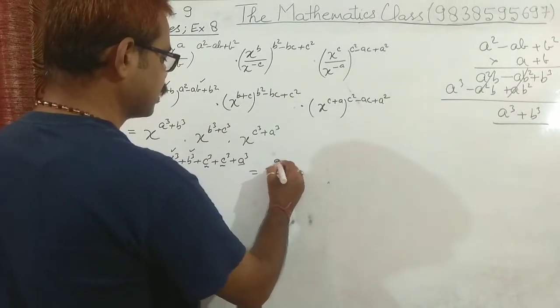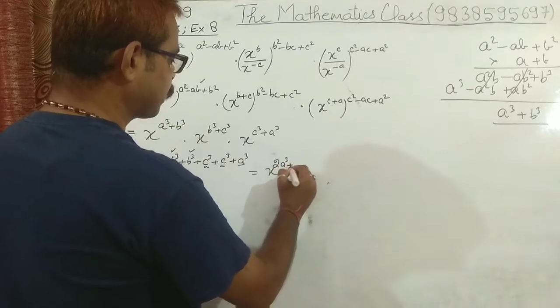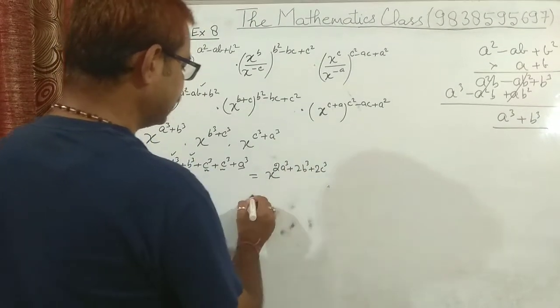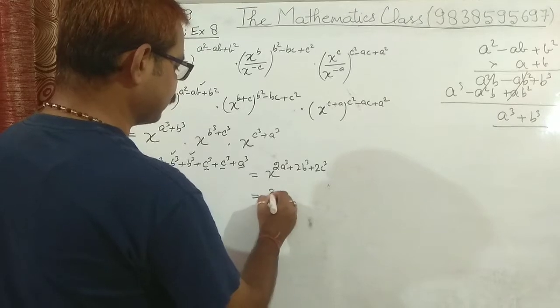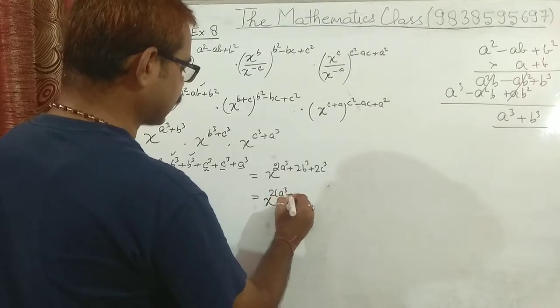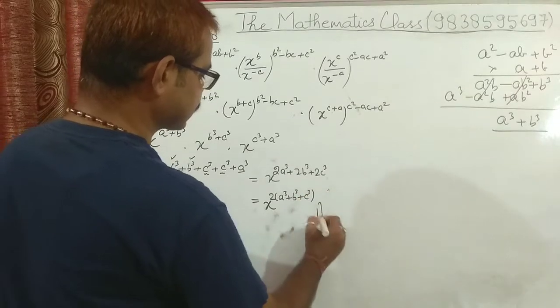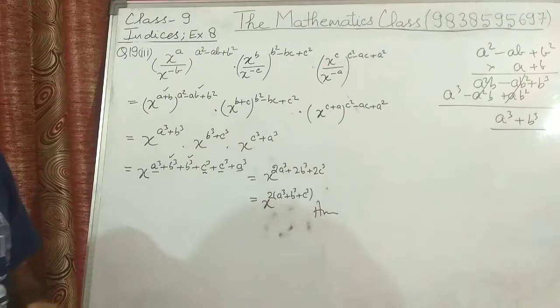So this can be written as 2a cube plus 2b cube plus 2c cube. We can take 2 common from the power. So what is the value? 2 times (a cube plus b cube plus c cube). That is the final value.